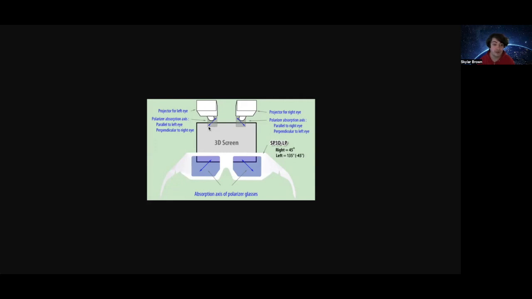But it's very important that the left projector is parallel in polarization to the left eye, but perpendicular to the right eye. So it'll make a nice even cross with the right eye. And then that right projector would make a nice even cross with the left eye and be completely parallel in polarization to the right eye.